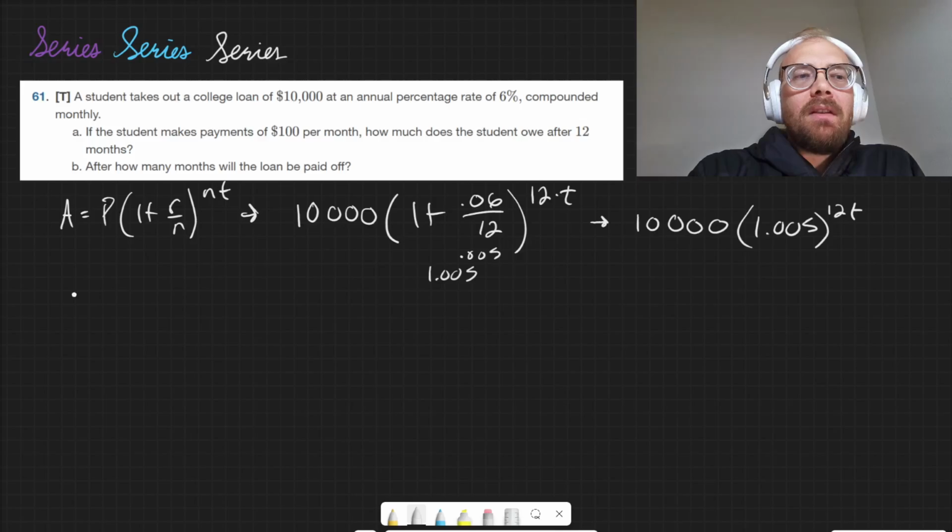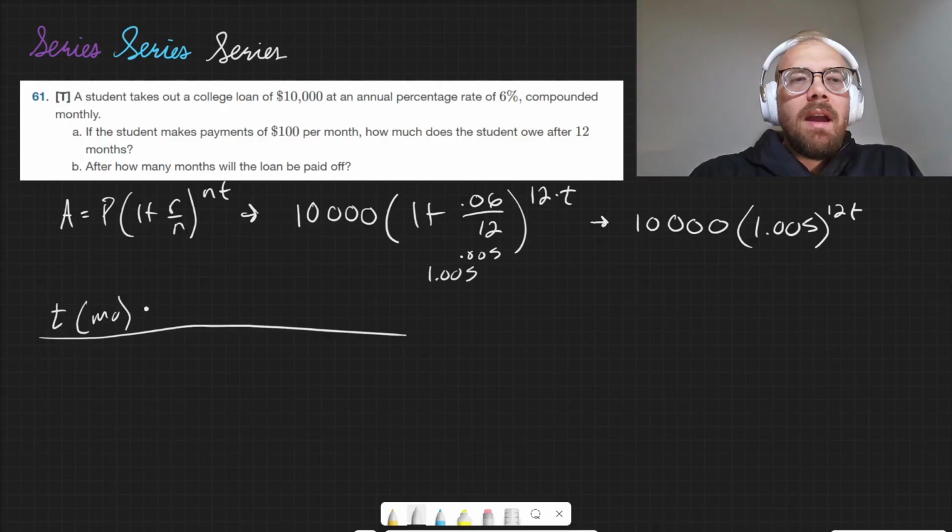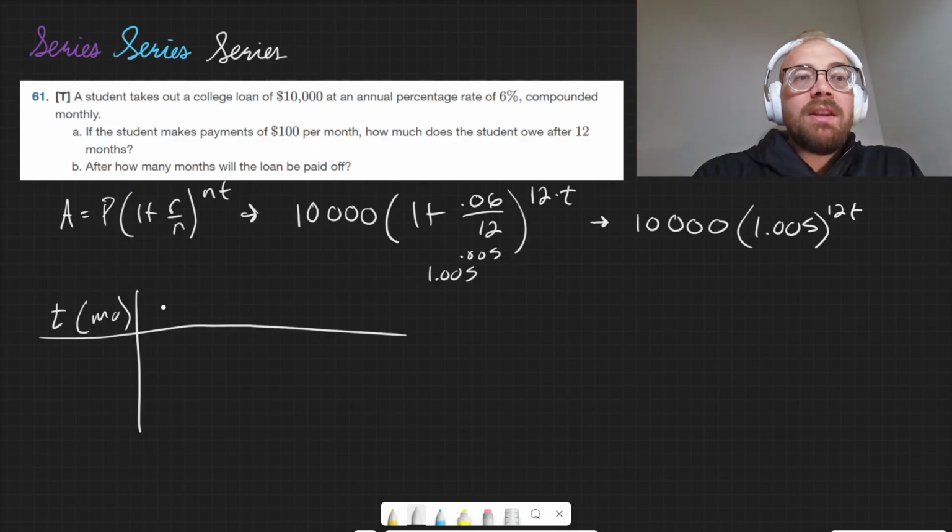So let's make another formula. But in order to do that, we need to make a table. So T, which is time in months, and then you have the amount that you still owe, and we'll just call that A for amount.